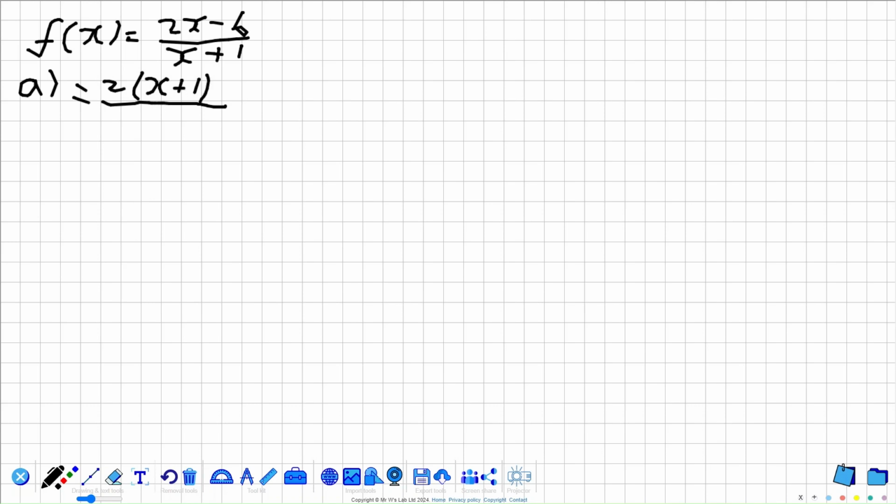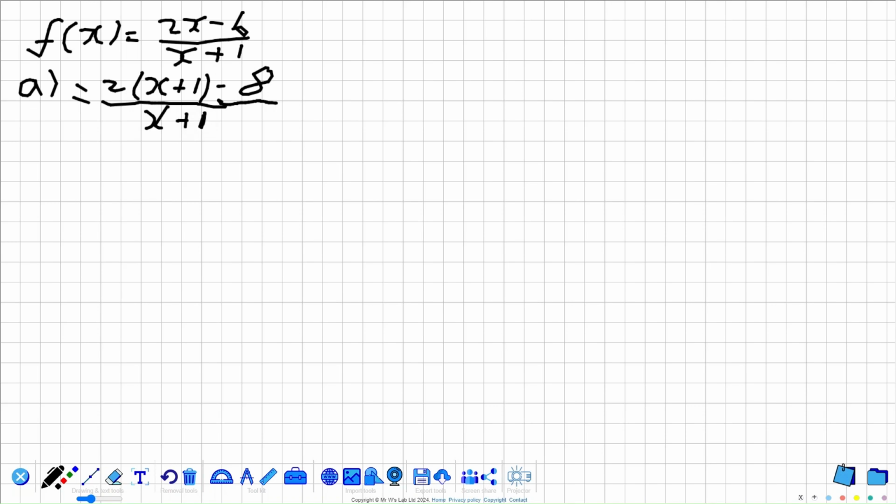So we've got the same number of x's, so that's completely fine. But originally we had -6 up there, and so we need to make sure that still applies, because we've just added 2, so I'm going to do -8, and then the numerator still gives us -6, and the denominator stays the same.